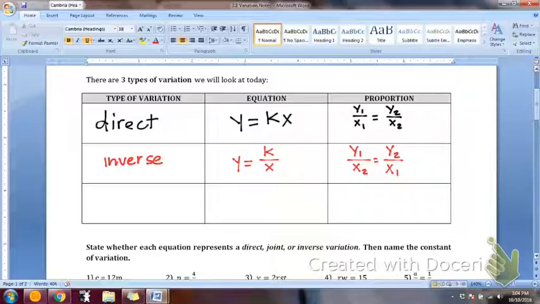The third type of variation that we'll talk about is called joint variation. Joint variation means that two of the variables are working together to join together. So this equation looks like y equals k times x times z, where x and z are being multiplied together.